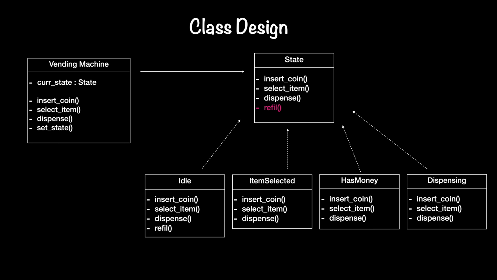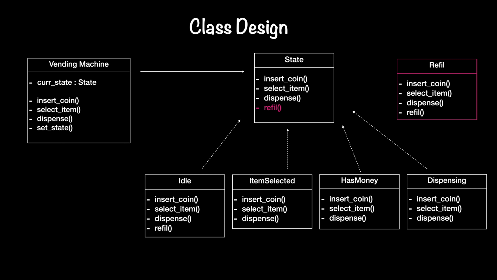Now, if I want to add a new state to this design, think of a refill. Since the state is a class, not an interface, it will be easy, because the refill method need not be implemented in each and every state, like item selected state, has money state, or dispensing state, because refill can be done only if the machine is in idle state.